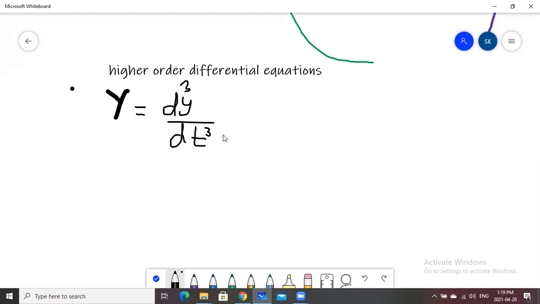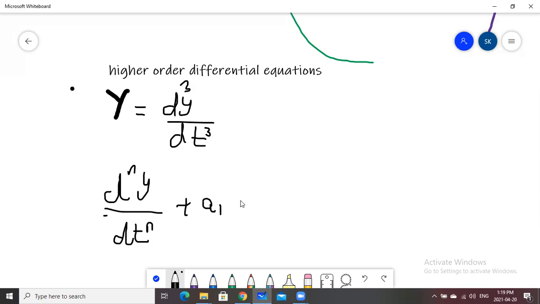Now any differential equation of order n is given by the following, that is, when the highest order derivative of the function is n, then we have d^n y divided by dt^n, plus a1, where a1 plays the role of coefficient.